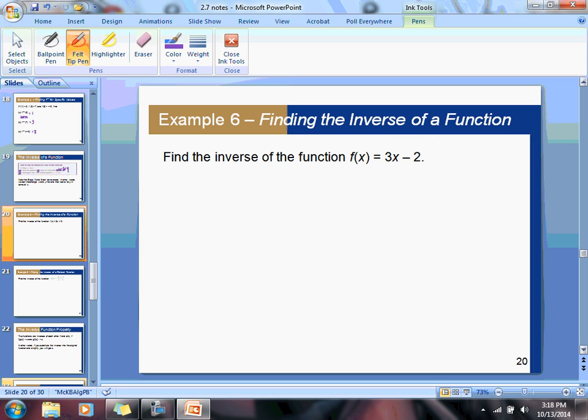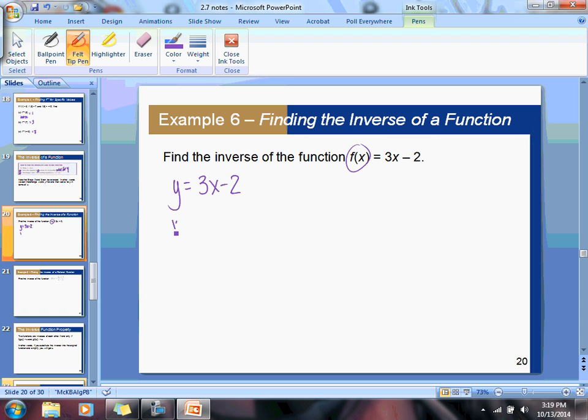So for example 6 here, they want us to find the inverse of f of x equals 3x minus 2. So I'm going to rewrite it as y equals 3x minus 2. What I'm going to do is replace that f of x with a y. So that was my first step. Then I'm going to switch the x and the y. I'm literally just going to switch them.